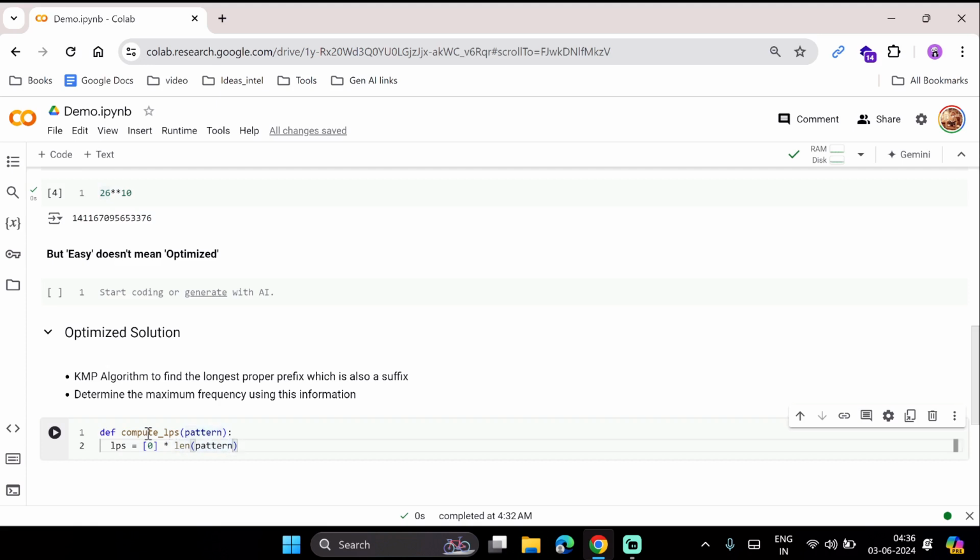So we initiated one array, and for starting out, let's also set length equals to 0. What is length here? Let's also write some comments so that we understand later on. Length of the previous longest prefix suffix.